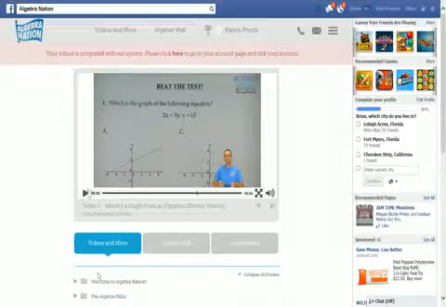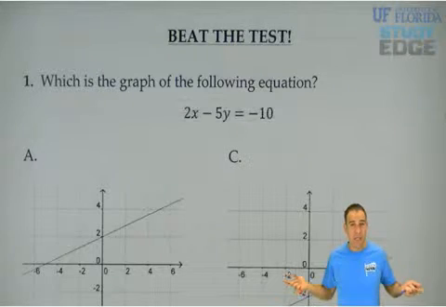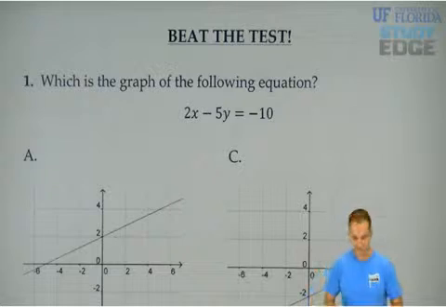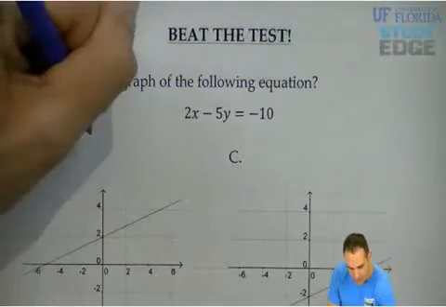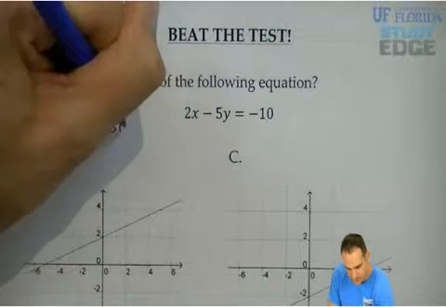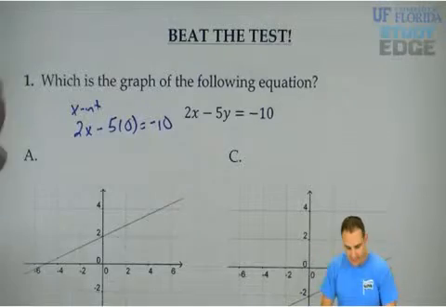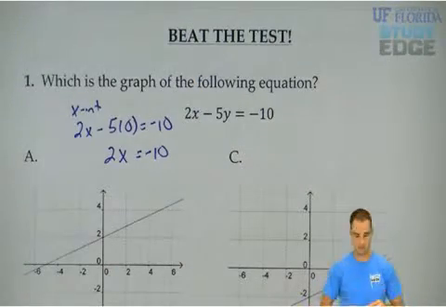Alright, back to work. Which is the graph of the following equation? In this case, I would probably go ahead and do the intercept method. I would find the x-intercept and the y-intercept. Remember, in x-intercept, y is 0. So I'm going to plug in 2x minus 5 times 0 equals negative 10. 5 times 0 is just 0, giving me 2x equals negative 10.